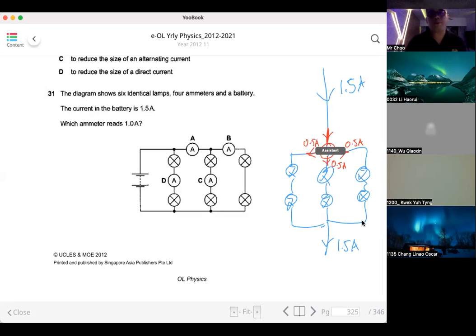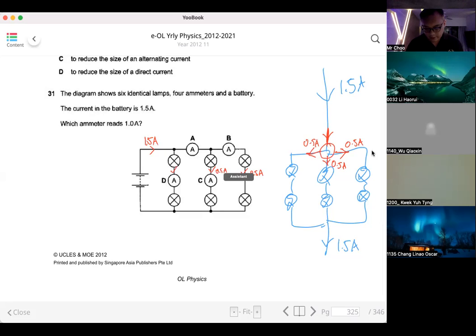If a 1.5 ampere current comes in and reaches this point, because the three branches have the same resistance, this 1.5 ampere would actually split into 0.5, 0.5, 0.5. So now if I were to draw over here, this is 1.5 ampere, so every branch will be 0.5 ampere.